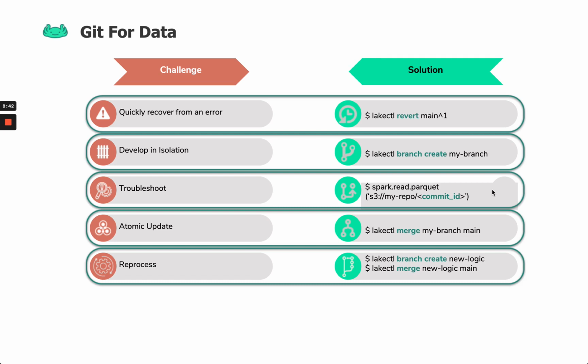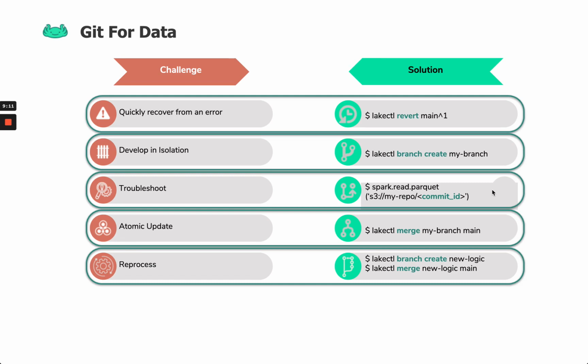So I want to be able to branch out of my current data in order to test something, develop something, troubleshoot sometimes when we have issues in production. So troubleshooting on a specific commit and a specific change of the data. And we can go to a specific commit in time because we mentioned we have the specific log file that we have there. Similar things work when we look at the whole repository.